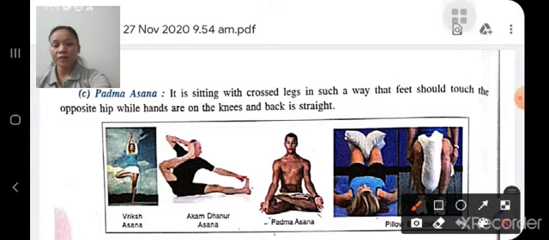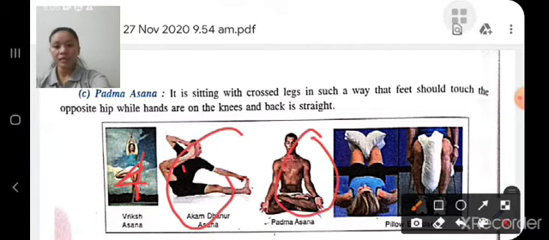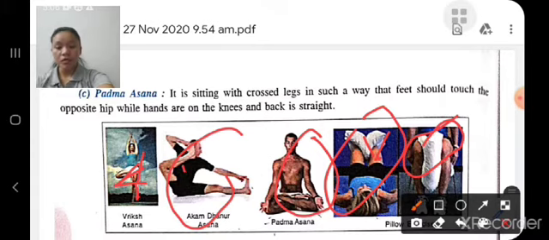In Vrikshasana, you stand and balance your body weight on one leg, and fix your other leg on your thigh and press your knees. Also Akarna Dhanurasana, Padmasana, and pillar asanas in which you keep a pillar between your knees. These are some asanas and exercises to correct your knock knee.